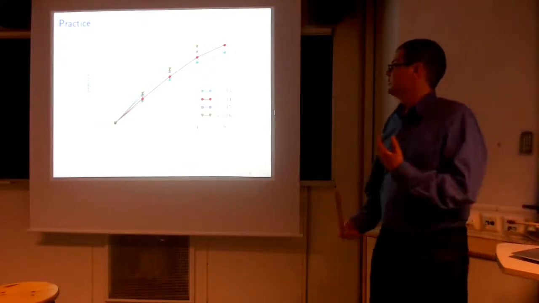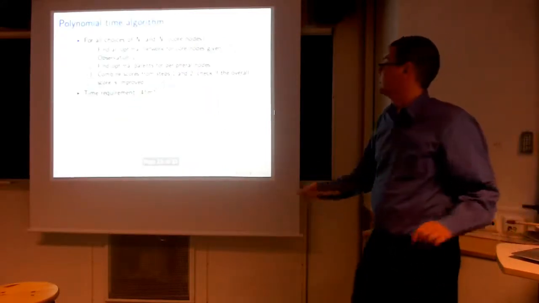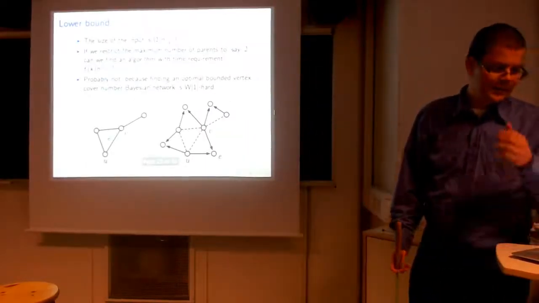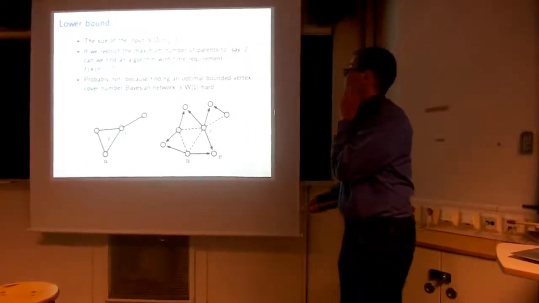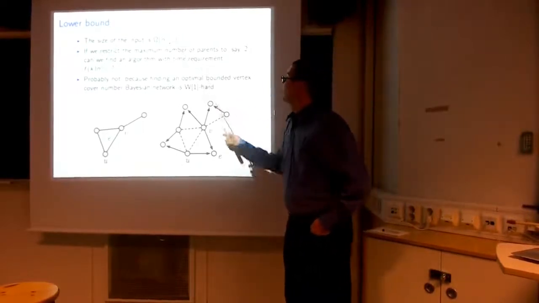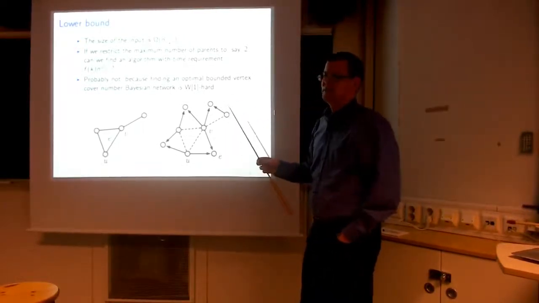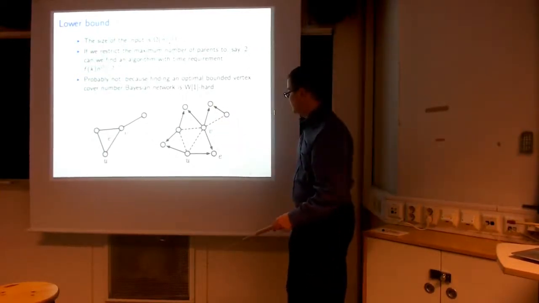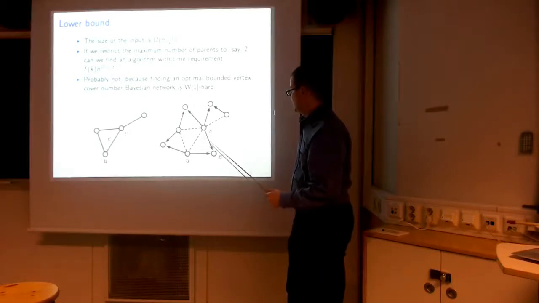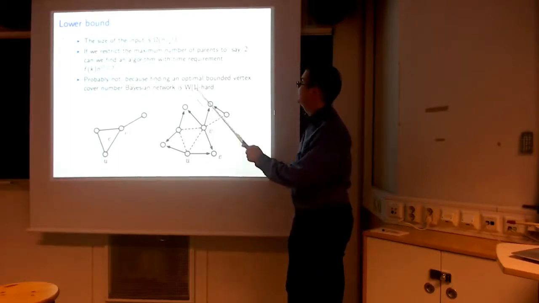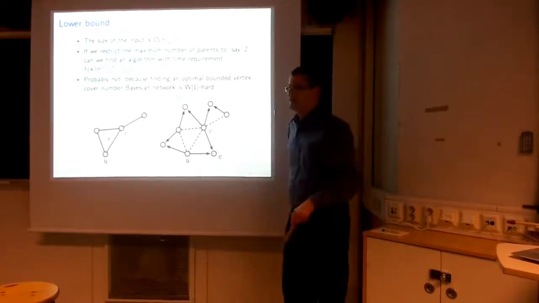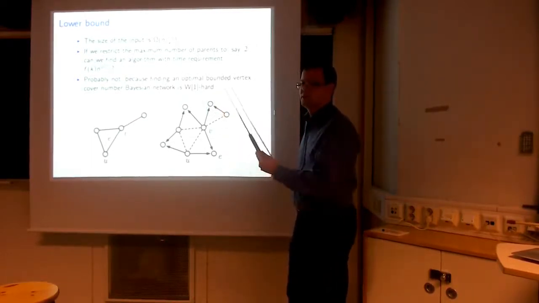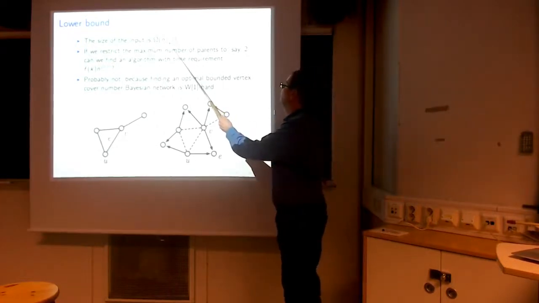So then the question is, we have this k in the exponent, so could we get rid of that? The first thing is that we have the local scores as an input, and if we have vertex cover number k, each node can have at most k parents, because if it had more, there would be a larger clique in the moralized graph.